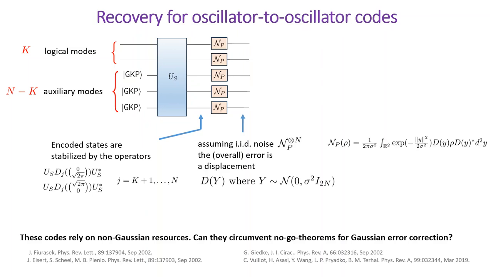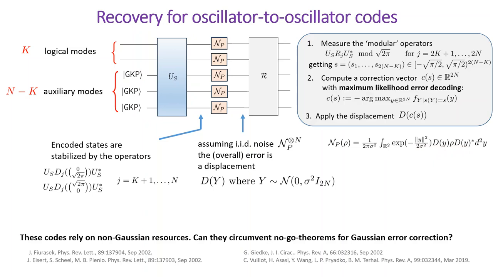Again, looking at IID displacement noise with a Gaussian distribution in phase space, one can recover similarly as in the GKP code by measuring syndromes and correcting. Here we again focus on maximum likelihood error decoding. We correct with the inverse of the error that is most likely given the observed syndrome.